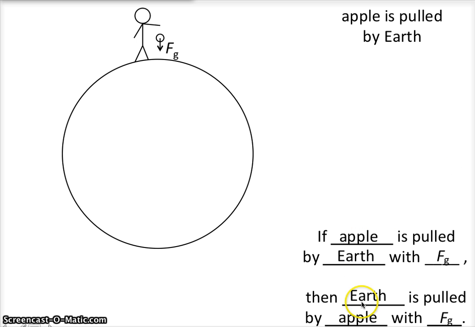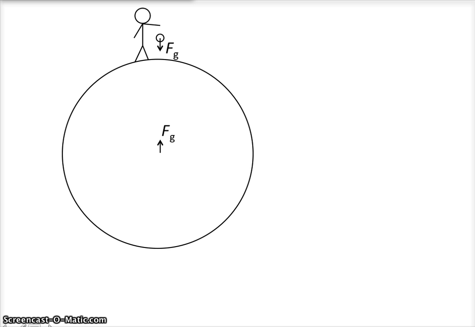You just switch the order of the two. Wait a second. The Earth is being pulled? That's what this says. And in fact, not only does the apple pull on the Earth, but the person pulls on the Earth too. How do we know? Because the Earth pulls on the person.